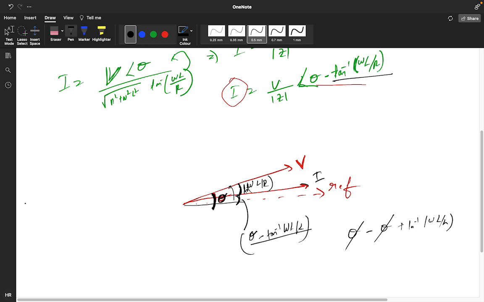So this is the story of that RL circuit. Can anyone tell me the relation between V and I?